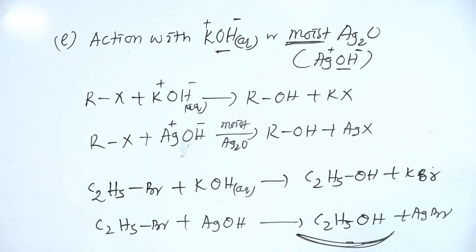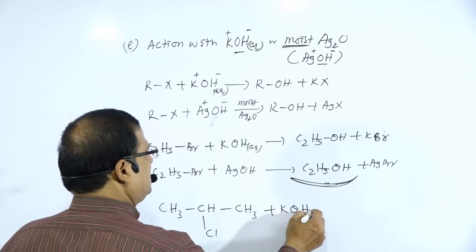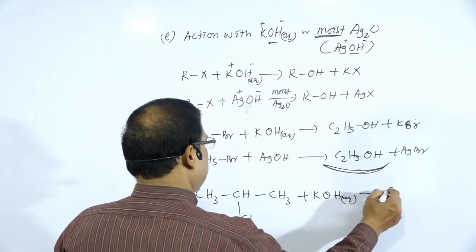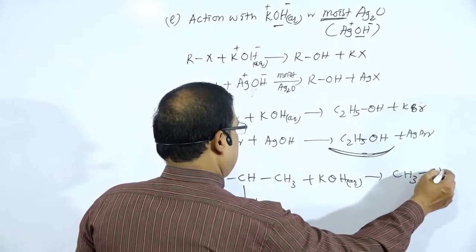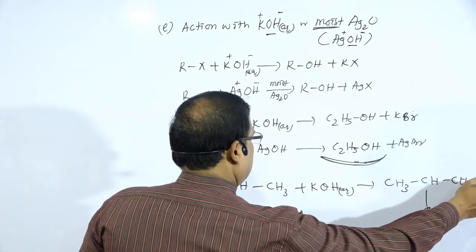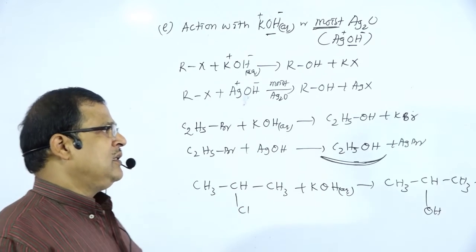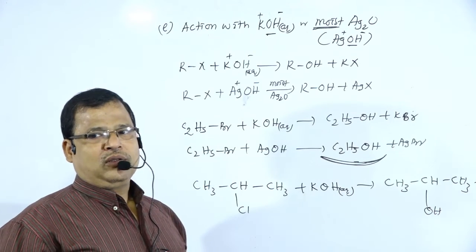We can take a second example, a secondary halide, CH3-CHCl-CH3, treated with aqueous KOH, forming CH3-CHOH-CH3, isopropyl alcohol or propan-2-ol, plus KCl.